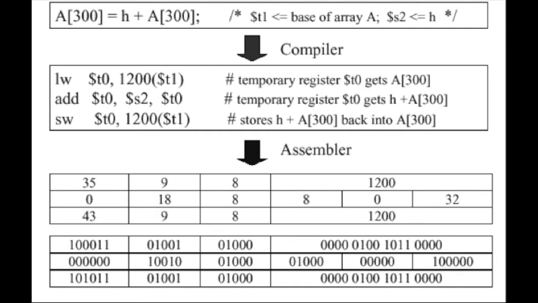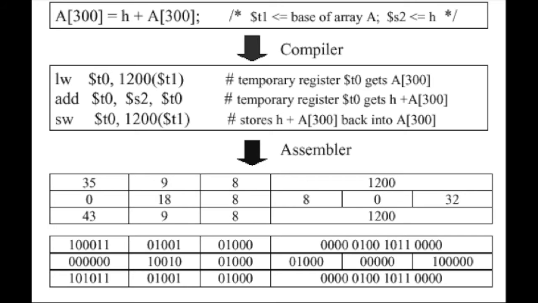So the top statement is a high-level language statement in Java. That statement is taken by something called a compiler, which translates it into assembly language. And here's the assembly language that this Java statement would get translated into.